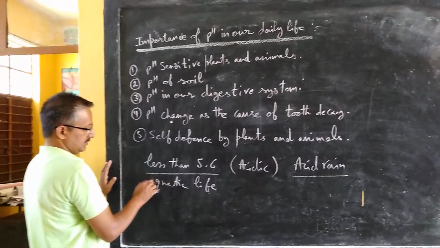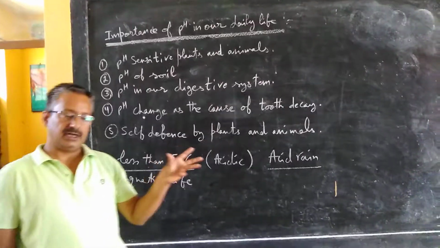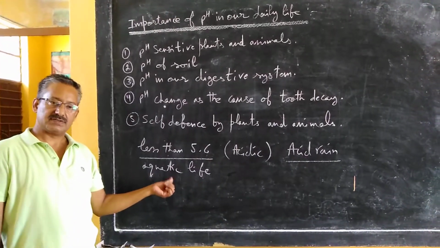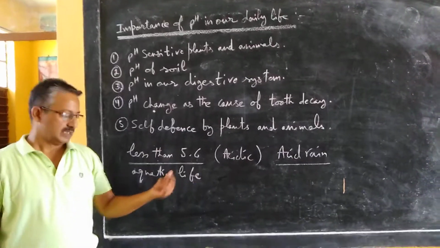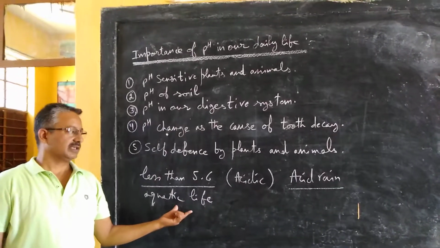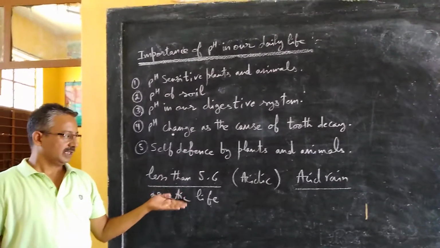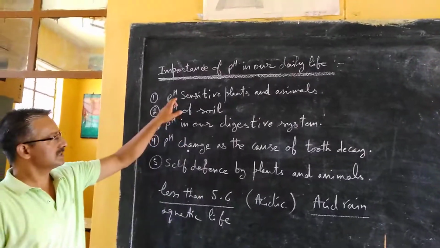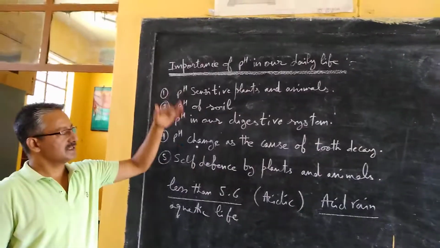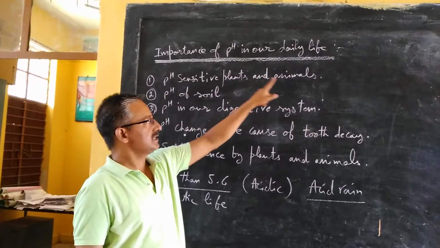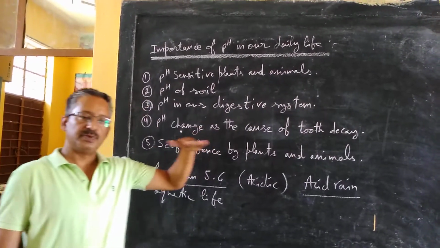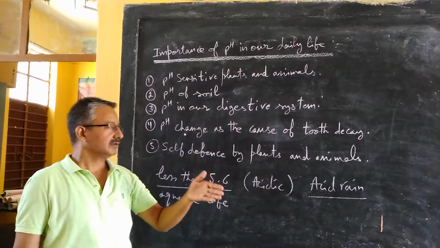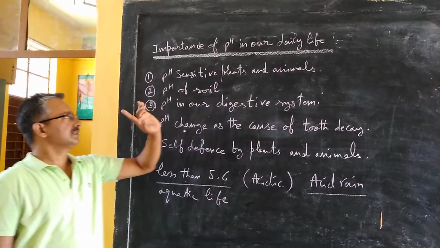So, this pH should be maintained properly so that aquatic life, meaning plants and animals which live underwater, will not get affected. They can grow properly if the pH level is maintained. So, the very first thing is pH plays its role, and plants and animals need a proper level of pH. If it decreases from that, then it is harmful for plants and animals.